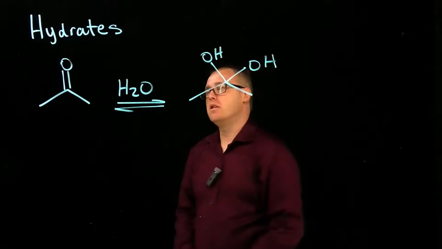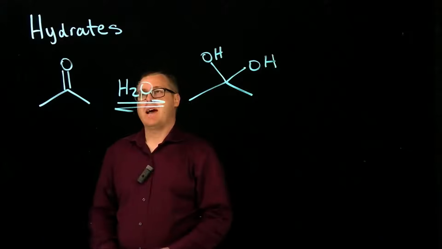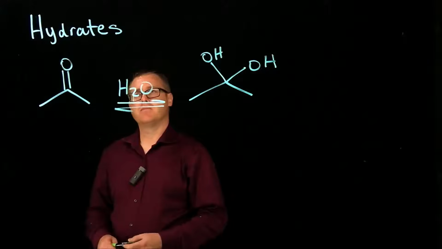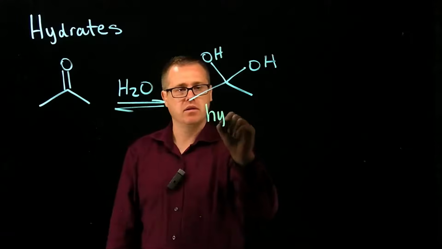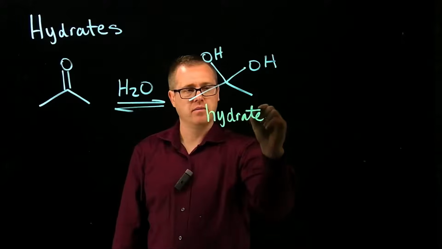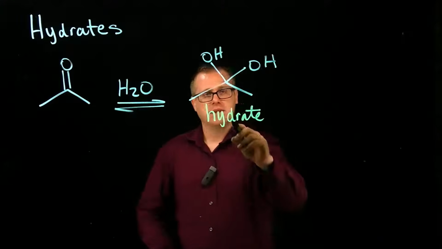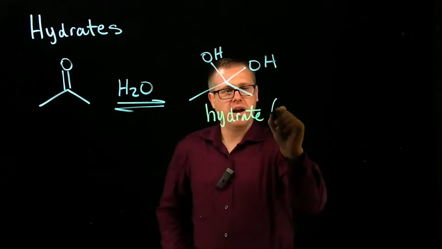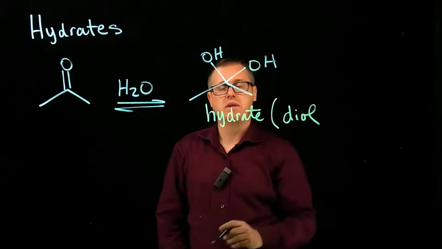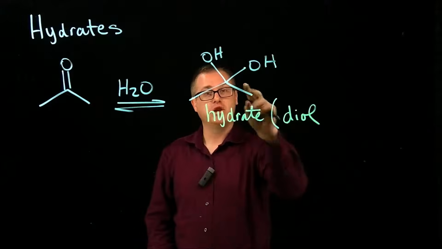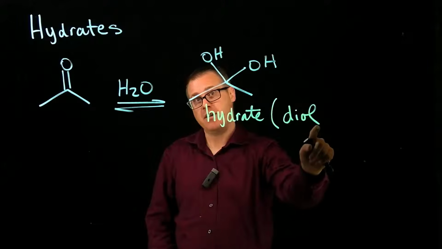So let's take a look at a reaction that forms a product called a hydrate. Now this is a hydrate, but it's also called a diol. And di meaning two, and the ol means two alcohols.